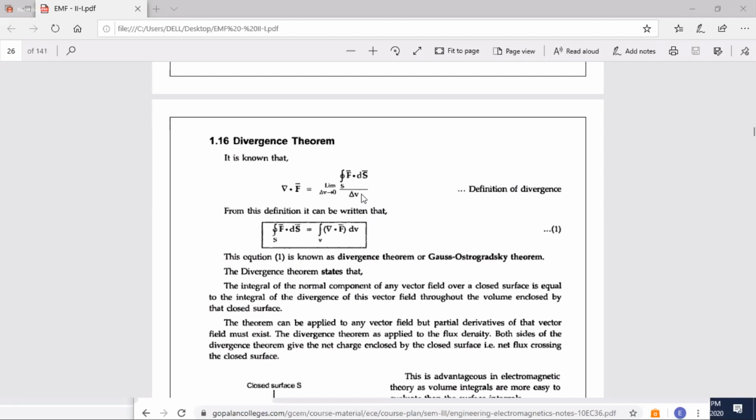So from that, you move your delta V over here, you integrate over the volume, and you're only left with the integral of F dot ds over S.